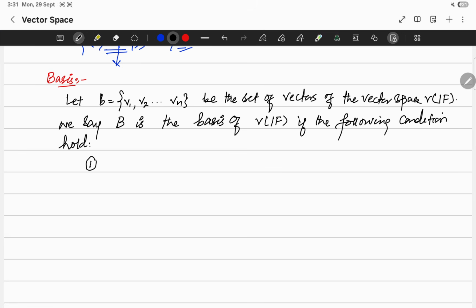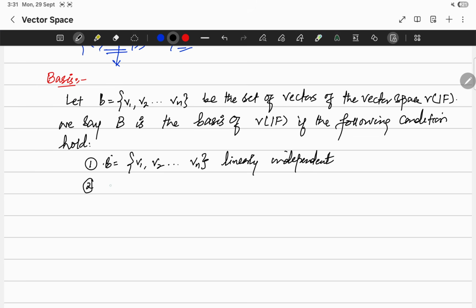The first condition is that this B, so the set of vectors B equal to v1, v2, and so on up to vn, should be linearly independent. These set of vectors should be linearly independent.